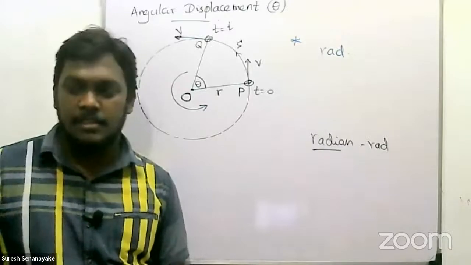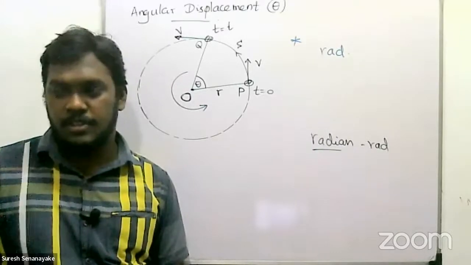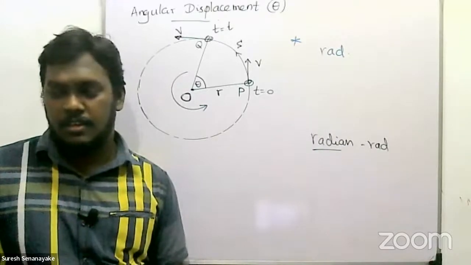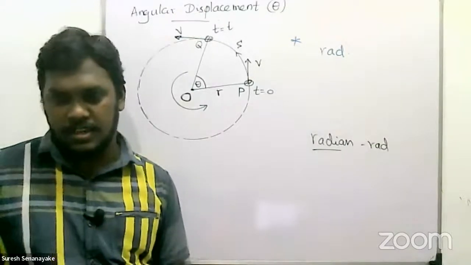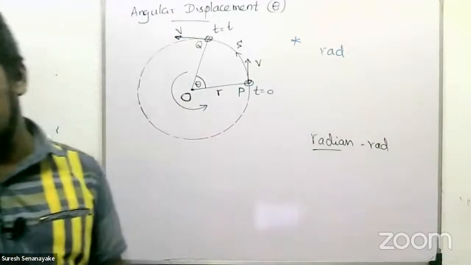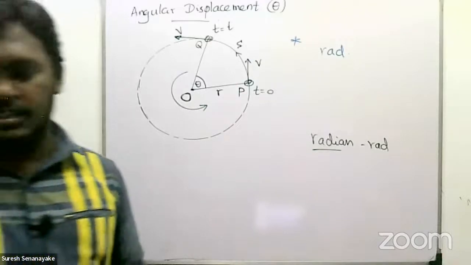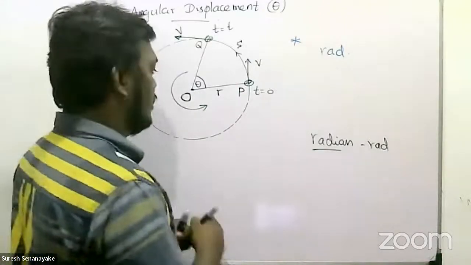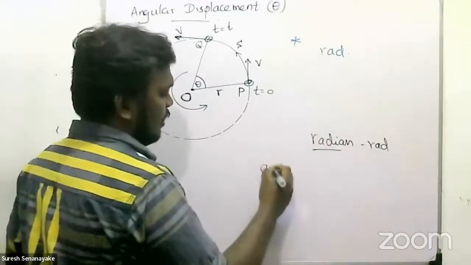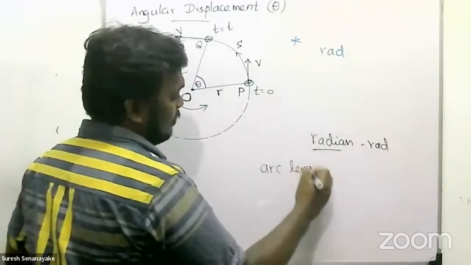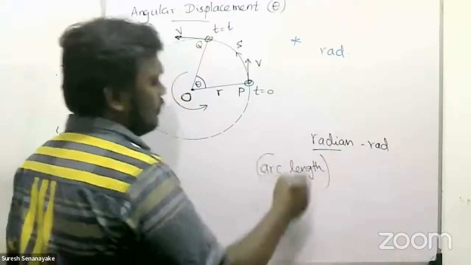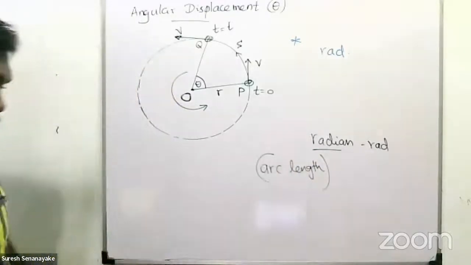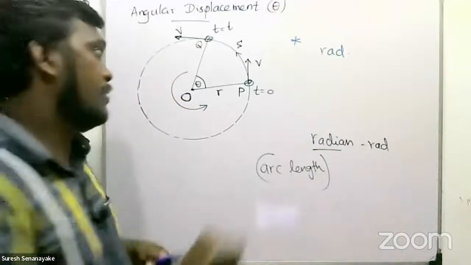During this motion, the linear distance traveled, the arc length, is symbol s.